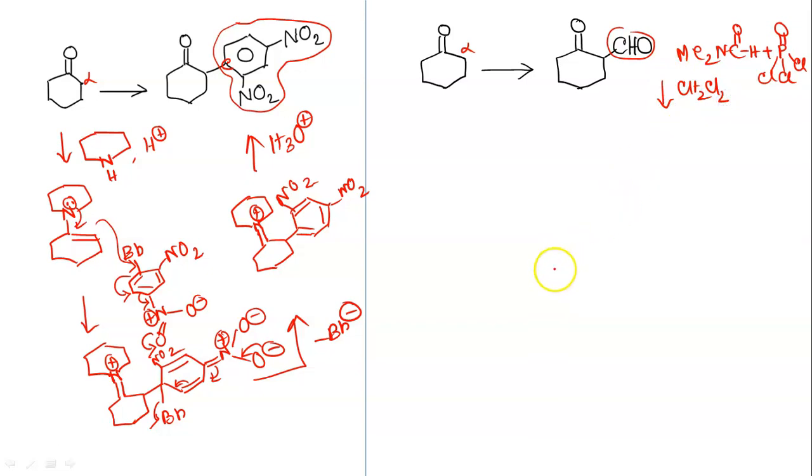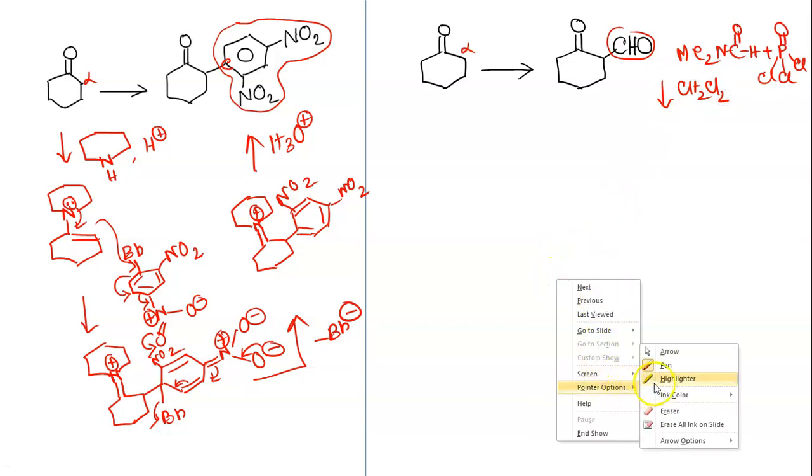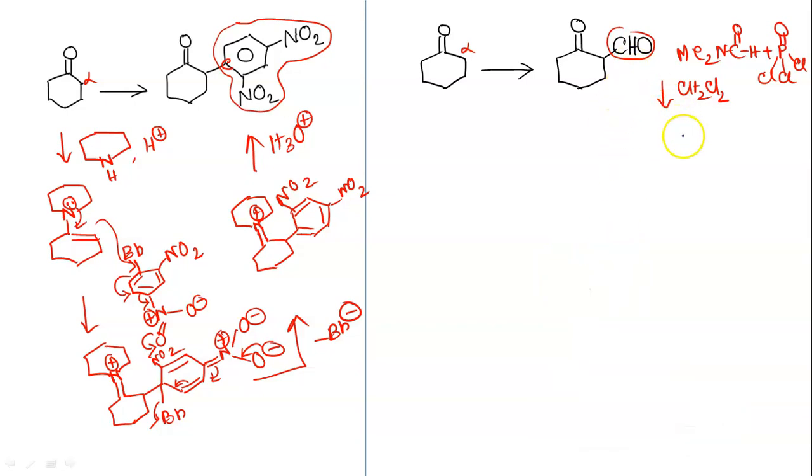So first I will show how to generate the reagent for the formyl group. So here the lone pair over oxygen will attack phosphorus. One of the chlorines will be removed and that chlorine will be attached to carbon.